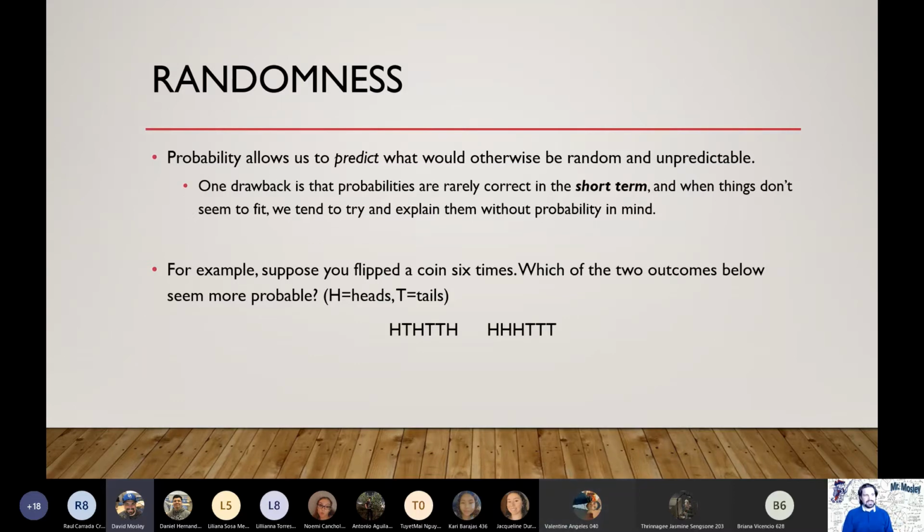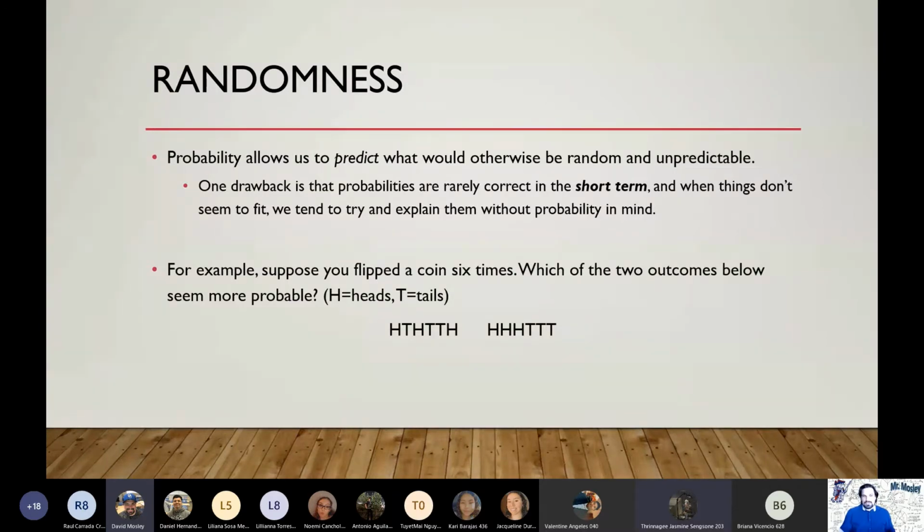We have heads, tails, heads, tails, tails, heads, heads, heads, heads, tails, tails, tails. Are they actually different outcomes? Did we get a different number of heads and tails within the 6 flips of the coin? No, right? So the only difference is the order in which these things happened.